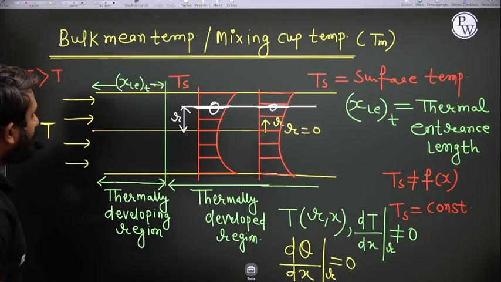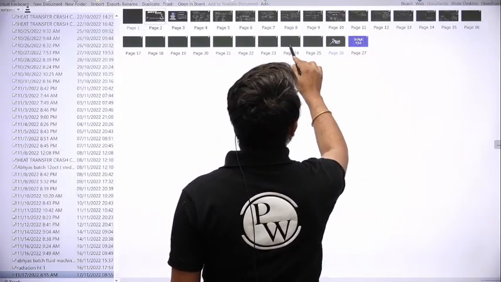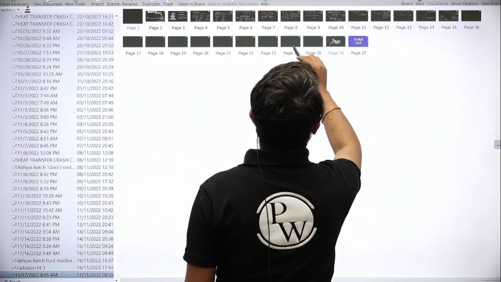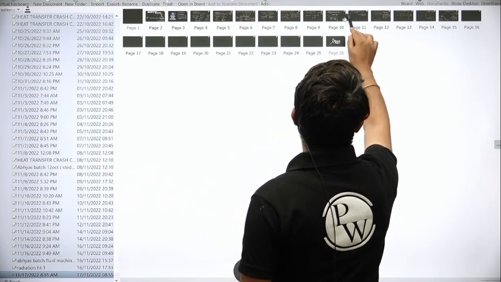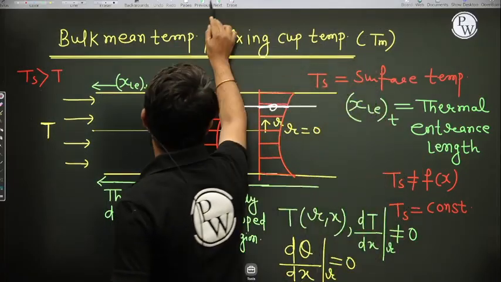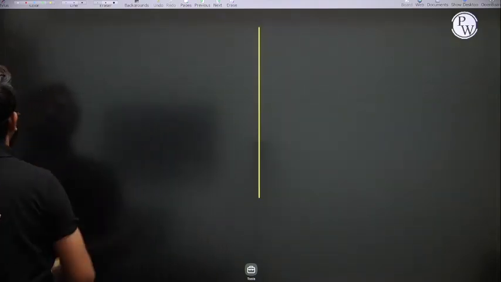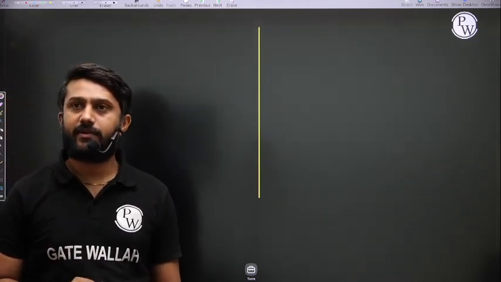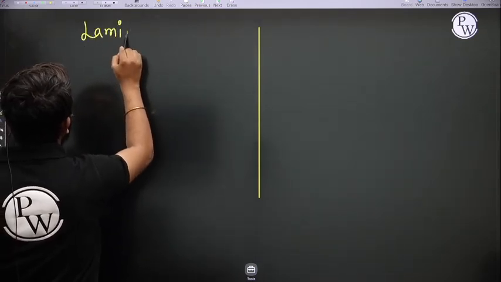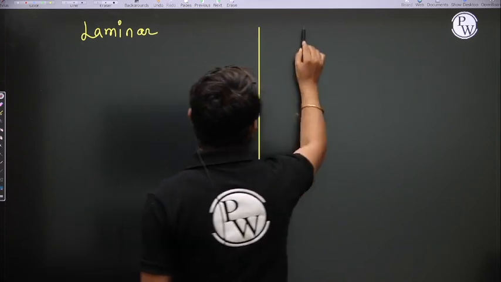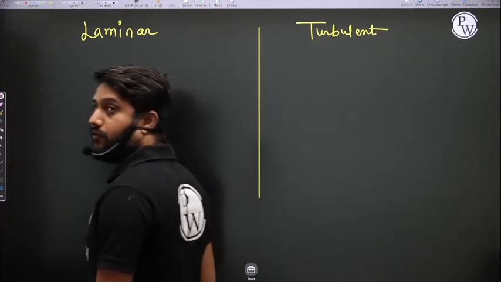Now, the mathematical expression of the thermal entrance length depends on whether your flow is laminar flow or turbulent flow.